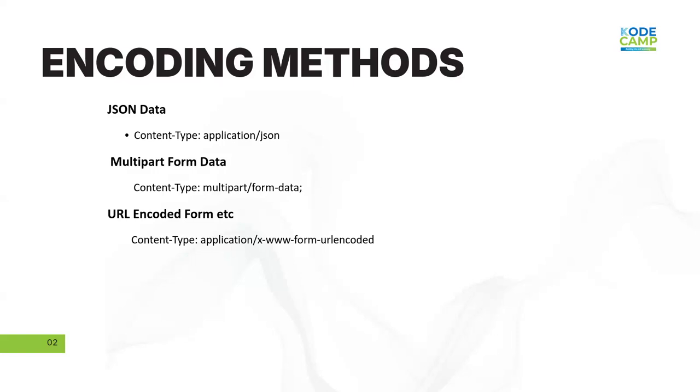You can't use both. To answer your question, no, you can't use both in the same HTTP request. What you may want to do instead is parameterize the header that sets this content type. Maybe when it's an image you want to upload, you change it to multi-part form data.